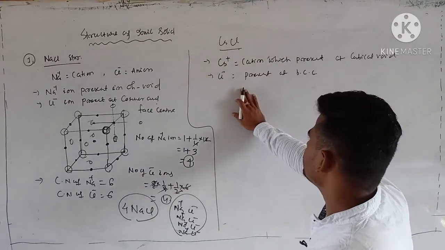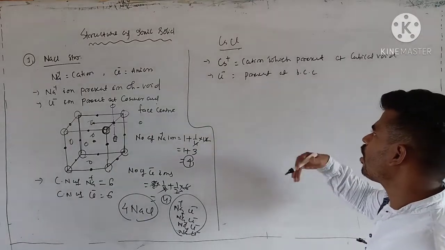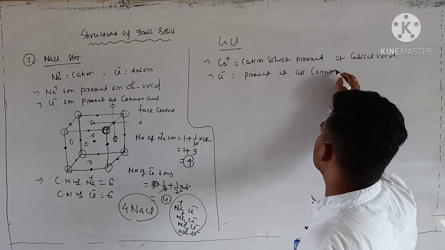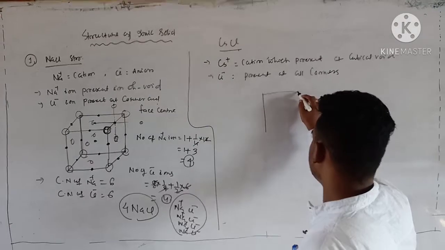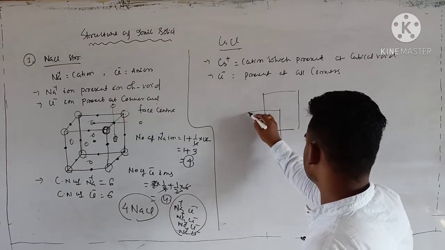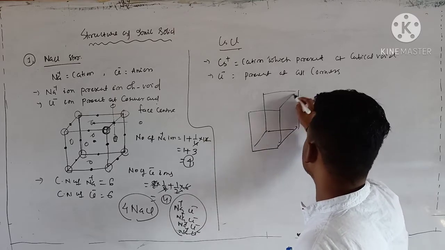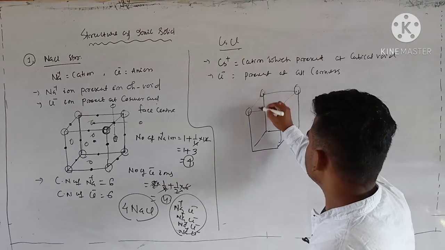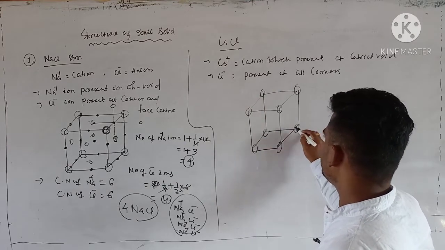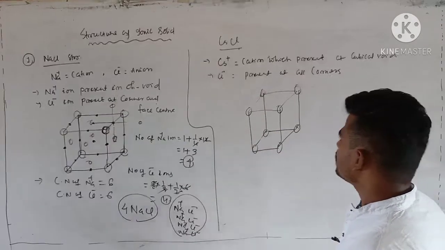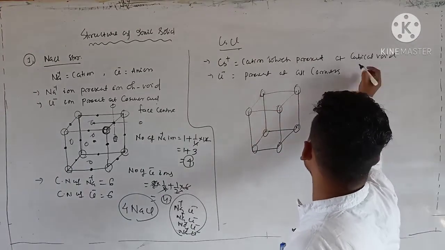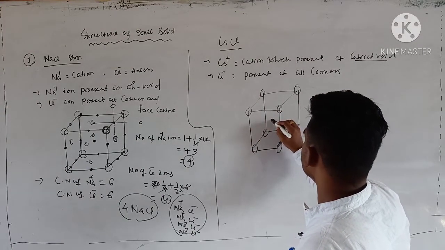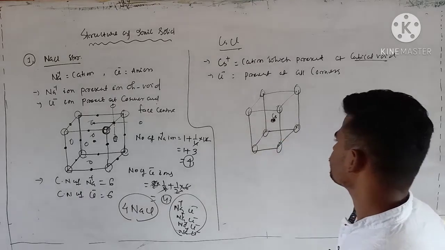The Cl minus ions are present at all corners. The structure can be like this: this is one cube, and here these are Cl minus ions, all present at the corners, and this Cs plus ion is present at the cubical void, which is only at the center. This one is Cs. Clear?